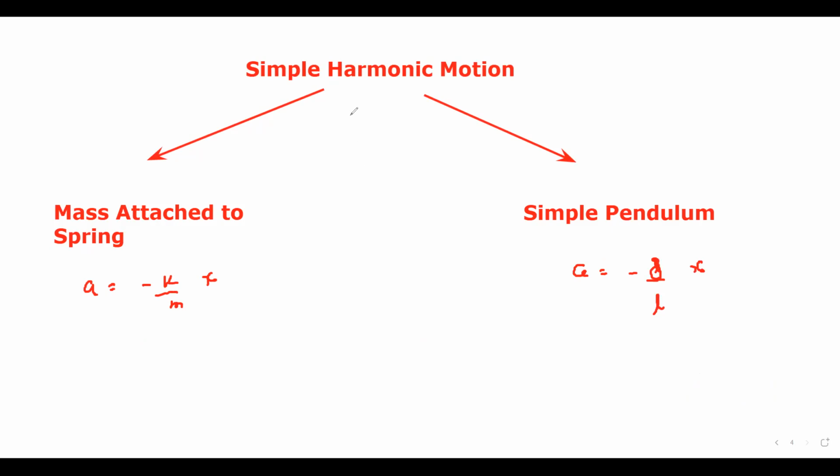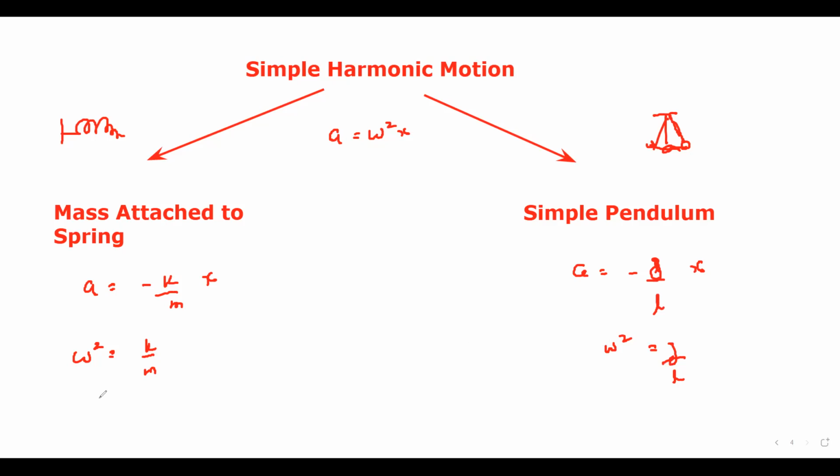And when we compare this simple harmonic motion with a circular motion in which a is equal to omega square x, so when a mass attached with a spring is performing a simple harmonic motion, and a simple pendulum is vibrating to and fro, we can say omega square is equal to k divided by m. And here, comparing the two equations, x is there, so omega square is equal to g divided by L.